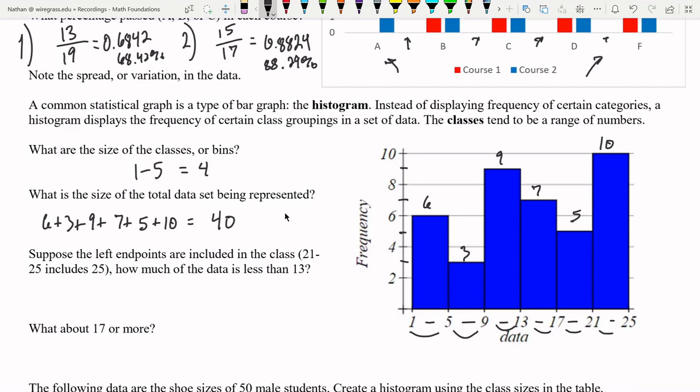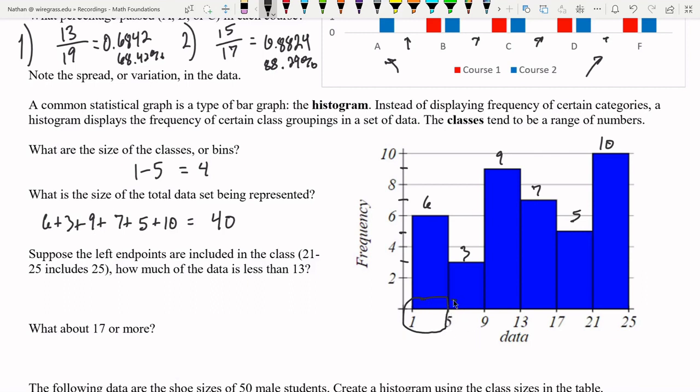Now, suppose the left endpoints are included in the class sizes. This is an important note to make with the numerical representation, that we have to have these endpoints included in the class sizes in some fashion, and that has to be stated. So in this case, for 1 to 5, we're going to say from 1 all the way up to 5, but not including 5, is going to be the class size there.